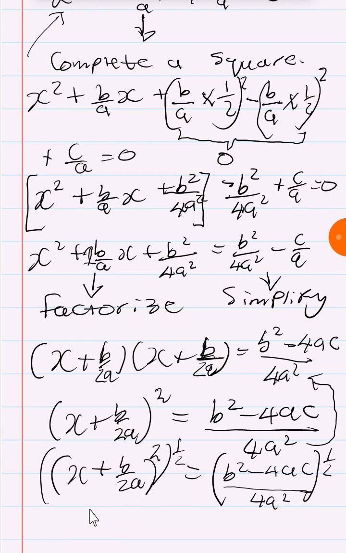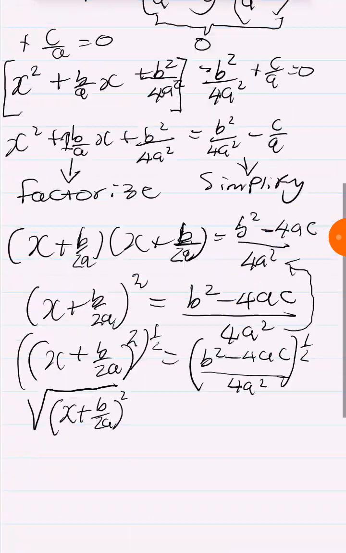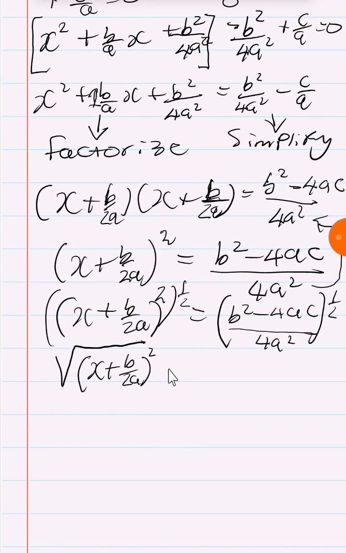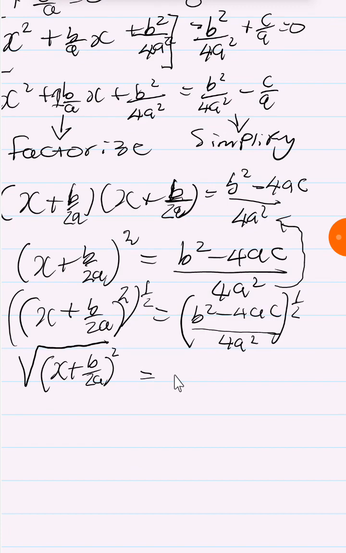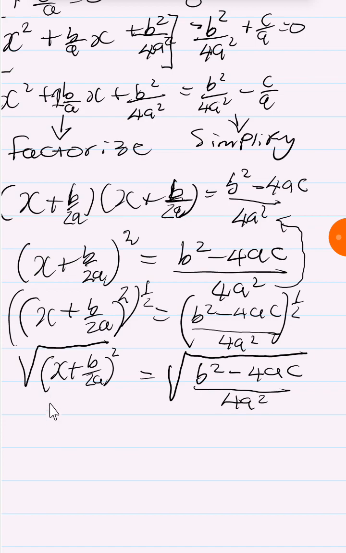Anything to the exponent half is the same as the square root of that number. So x plus b over 2a equals the square root of b squared minus 4ac all over 4a squared.